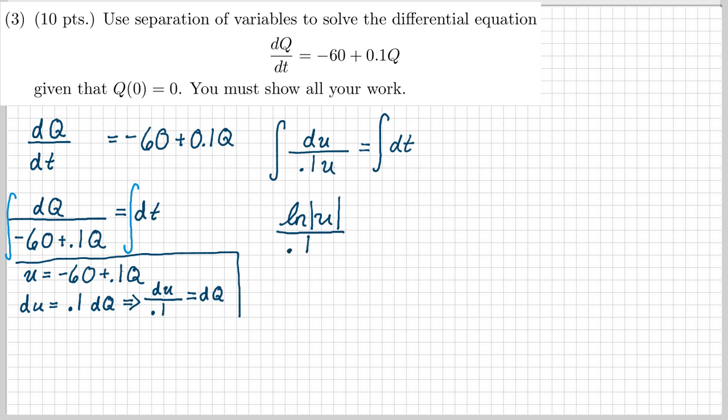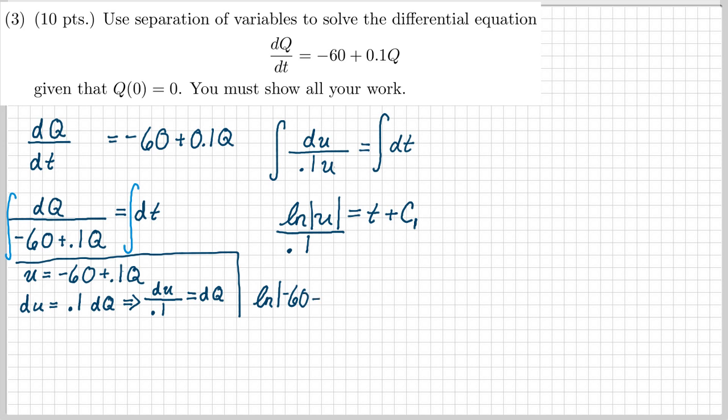And I get ln of u over 0.1 is equal to t plus c1. I'm just calling it c1 because rather than doing additional math to these arbitrary constants, I'm just going to rename the constant over and over. So you'll see what I mean in a second. So for the next, I'm going to multiply both sides by 0.1.